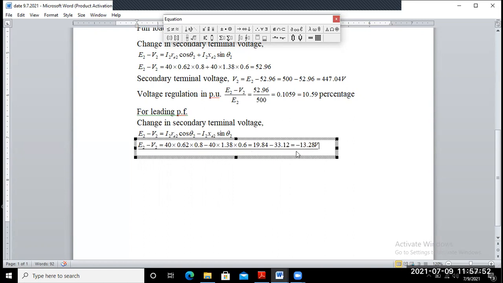So we have already seen that for the leading power factor the value becomes negative. That means E2 minus V2 is a negative value.